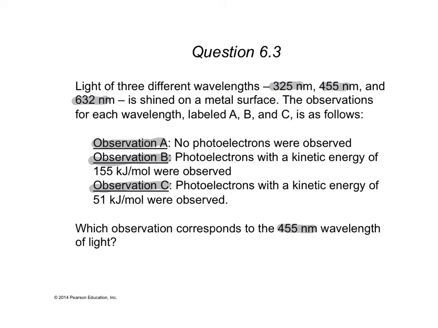Again, each of these observations matches up with one of these wavelengths, and I want you to tell me which one matches up to 455, considering that the energy of each wavelength is equal to hc over lambda. You don't necessarily need to calculate anything here, but just understand the relationship between energy and wavelength, and that should help you in answering this question.